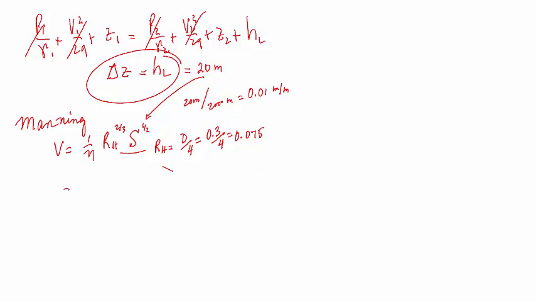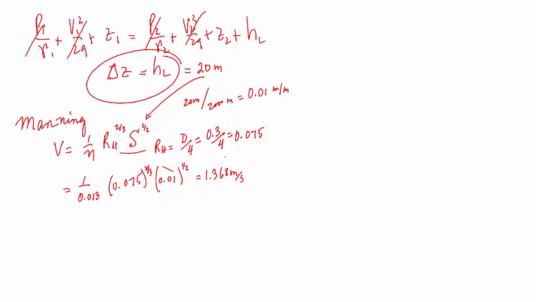So the velocity would be 1 over 0.013, times 0.075 to the 2/3, times 0.01 to the 1/2. So my velocity is 1.368 meters per second.